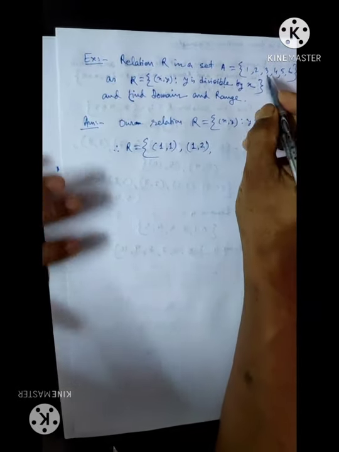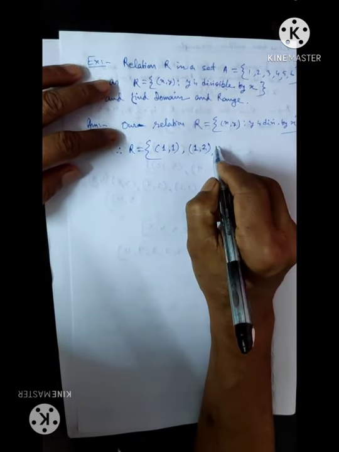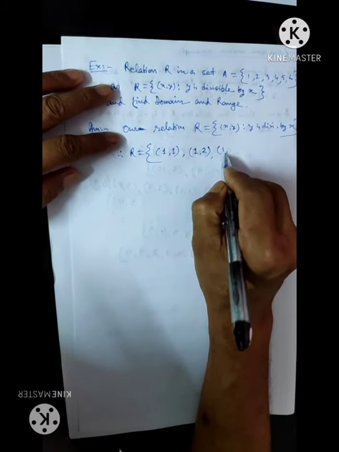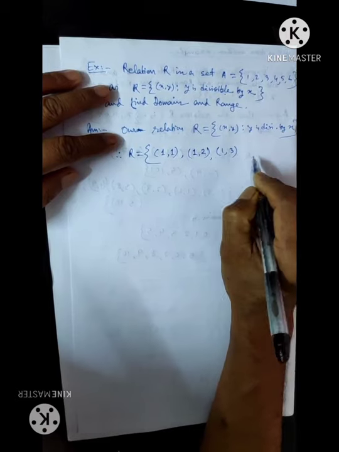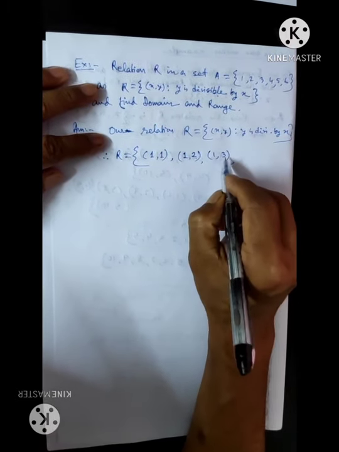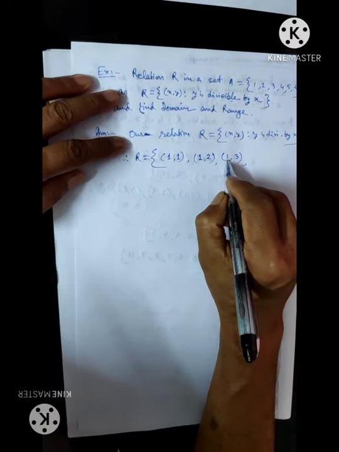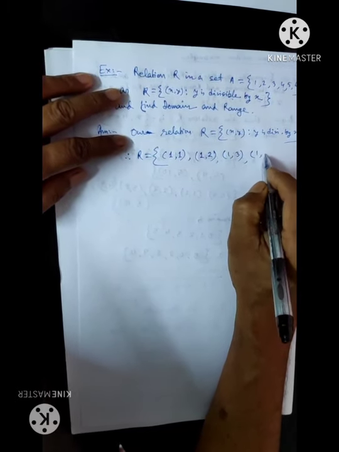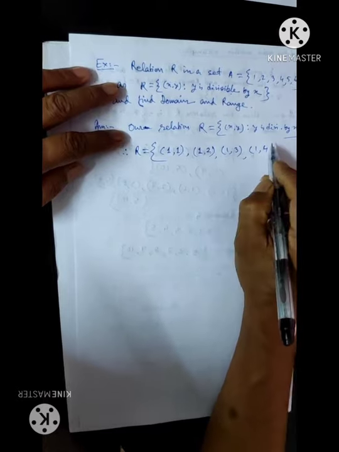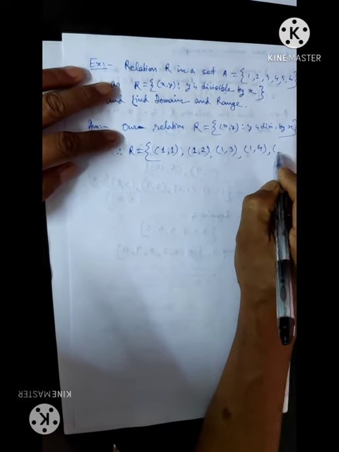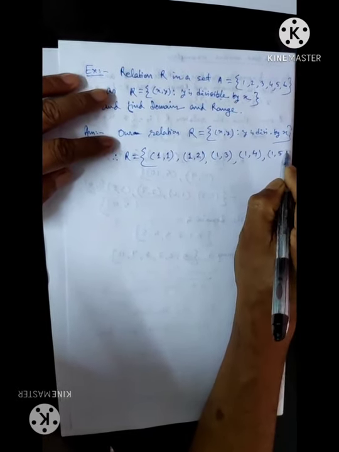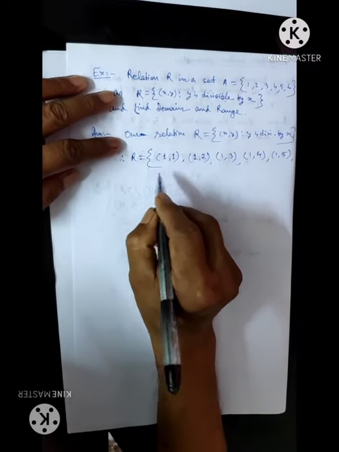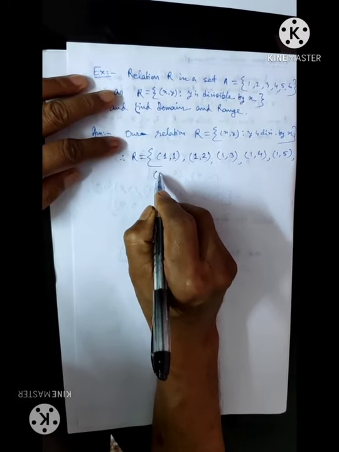Next, 3 is divisible by 1. Similarly, 4 is divisible by 1, and 5 is also divisible by 1, and 6 is also divisible by 1.